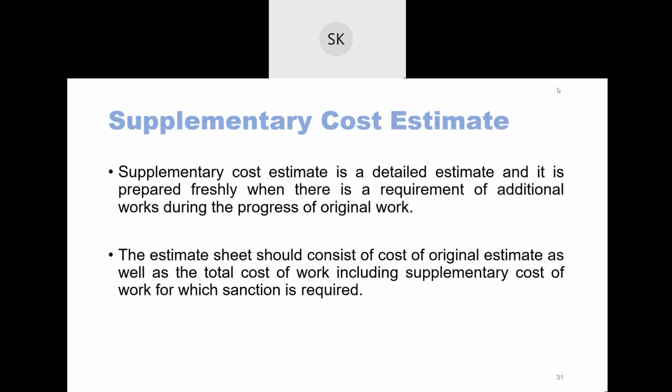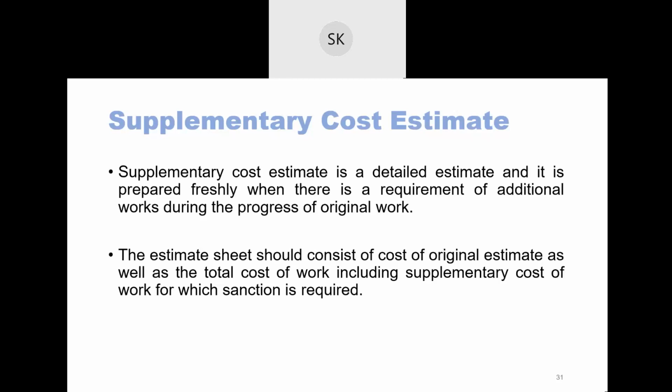Now the supplementary estimate. It is a detailed estimate, and it is prepared freshly when there is a requirement of additional works during the progress of the original work. Suppose I am constructing a road, and only one bridge is sanctioned on that road.